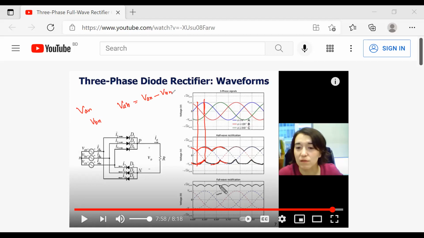So if you do that, if this is already negative, then you will get that. If you negate this part and this part, then you write down this part. This is your VAN, and this is your negative VBN. And if you do that, then negative will go to positive, and finally you will get this one. And that is your line to line voltage. Okay? Yes, sir.